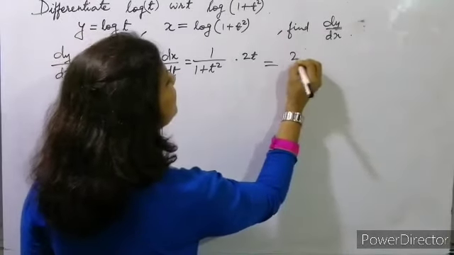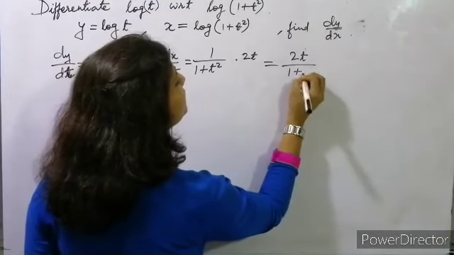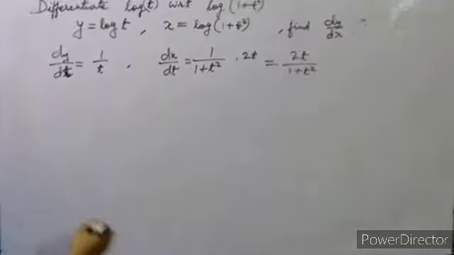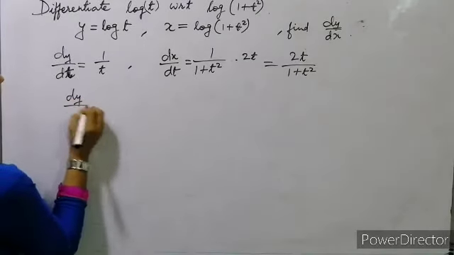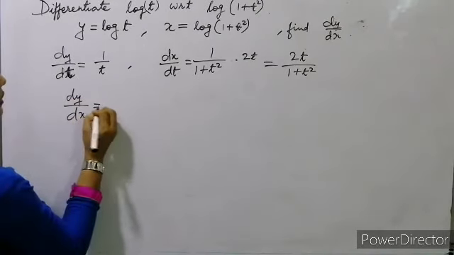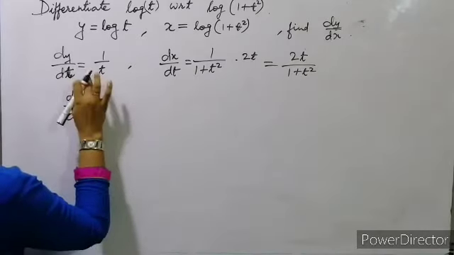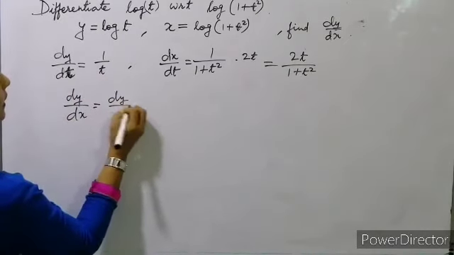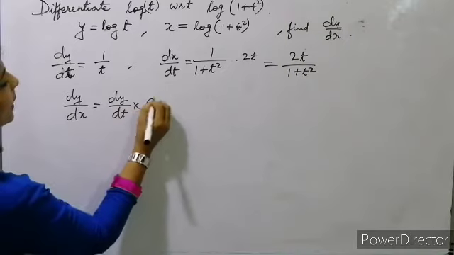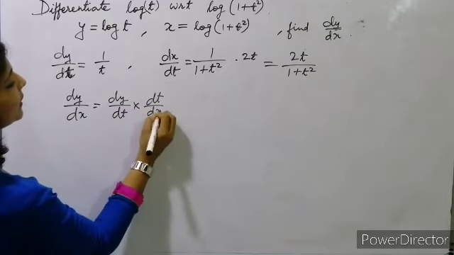So dx by dt will be 2t divided by 1 plus t square. Now we have to find out the value of dy by dx. So dy by dx will be dy by dt multiplied by dt divided by dx.